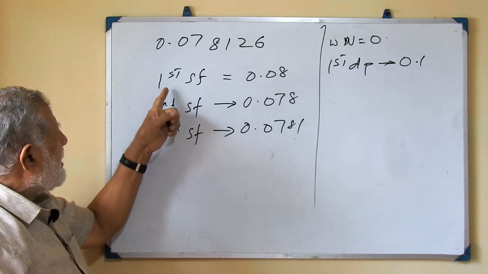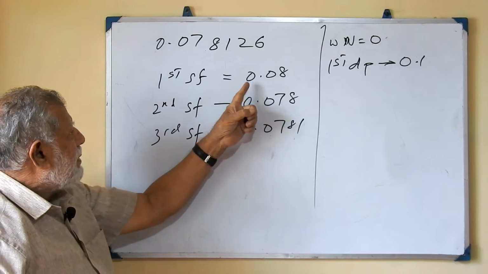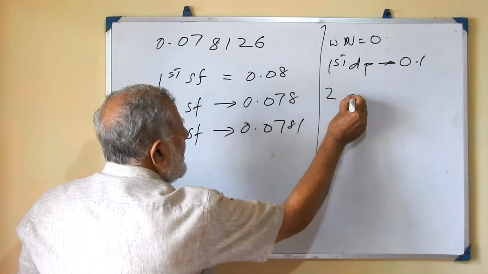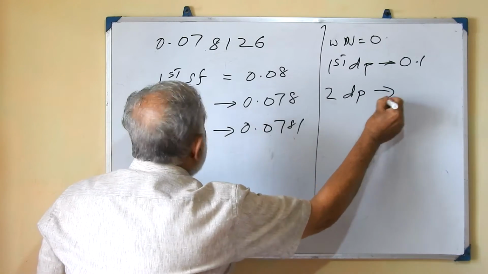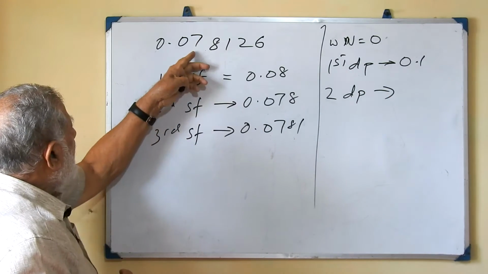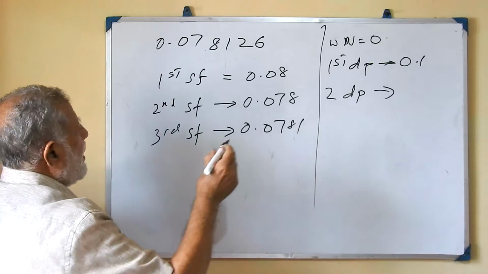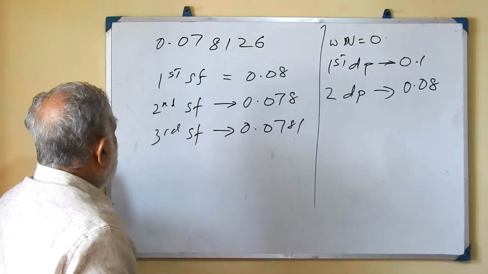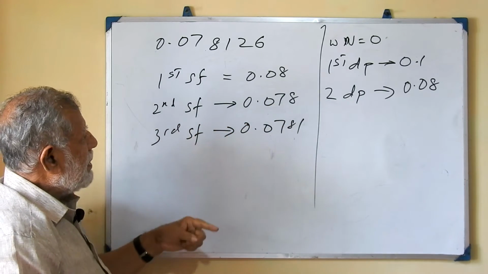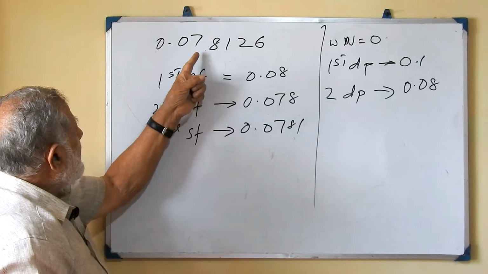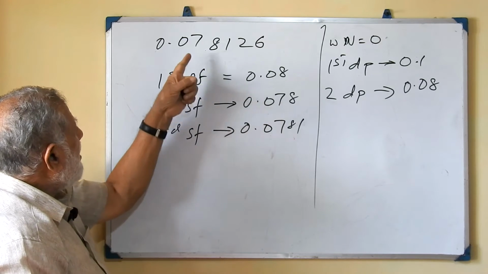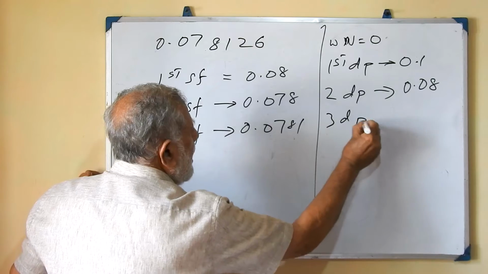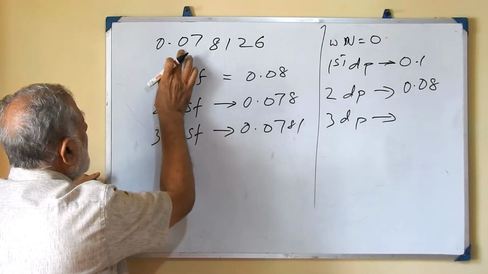When we approximate to the first significant figure, look at this, what is the difference? It is 0.08, because we can't take the first zeros. The second decimal place: this is the second decimal place, and the next one is 8, so it will be 0.08. But the second significant figure is 0.078. Look at the third decimal place: you take 1, 2, 3.